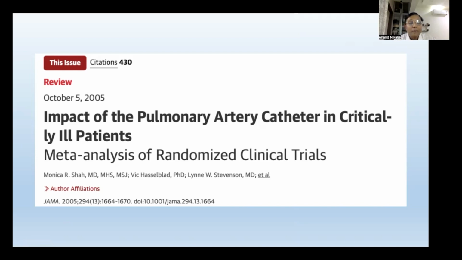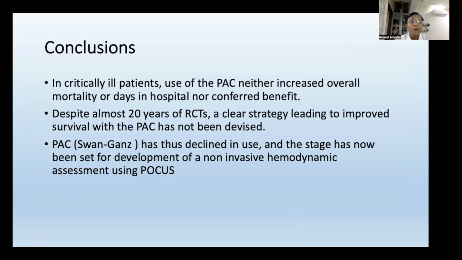This is a meta-analysis of randomized controlled trials, and what they concluded is that in critically ill patients, use of the pulmonary artery catheter neither increased overall mortality or days in hospital, nor did it confer a benefit. So they did not find much benefit or many complications related to the PA catheter.